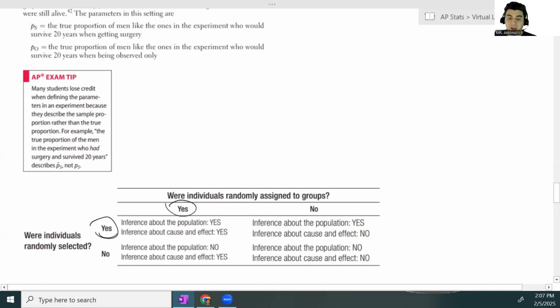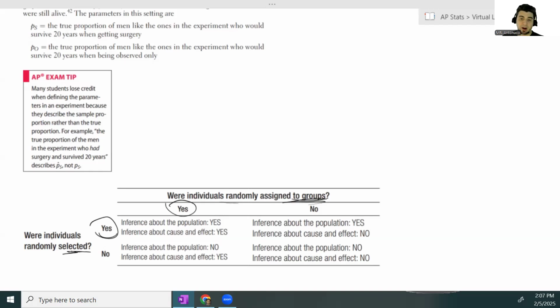If you are randomly assigning groups, then you can make inference about cause and effect. If you're randomly selecting them, you can make inferences about the population from which they were selected. So if you can do both, that's wonderful, but you often can only do one or the other in a situation. Just want to keep that in mind.